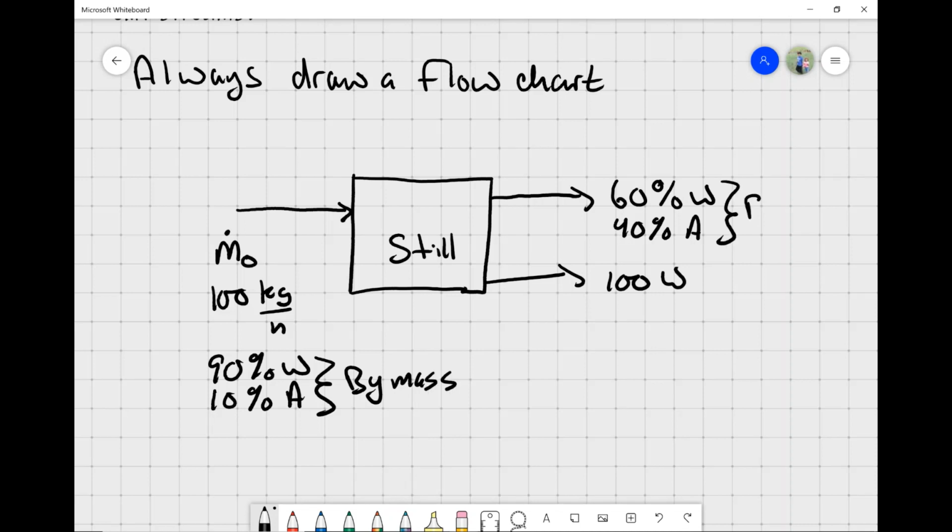It almost doesn't matter because it's 100%, but we'll also specify by mass. And I don't always do this, but it helps actually.